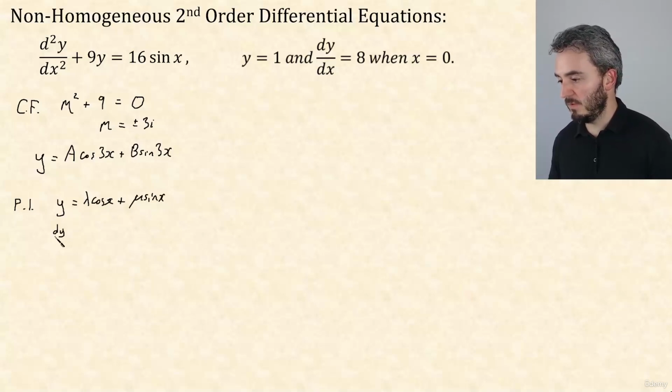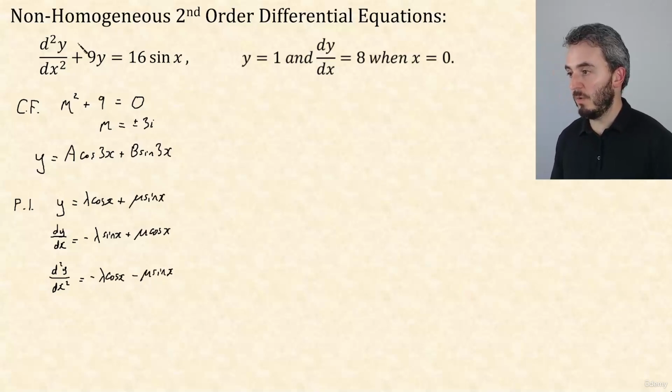Then dy by dx is minus lambda sine x plus mu cos x, and d2y by dx squared is minus lambda cos x minus mu sine x.